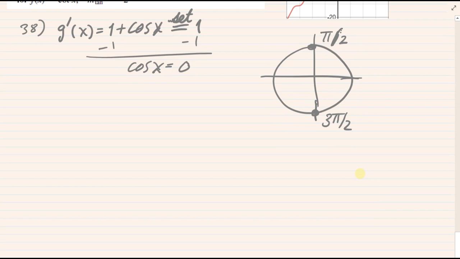The angle could be negative also, so we need to consider that as well. I'm looking at counterclockwise rotation here. So here's 1, 0, and then you go on forward. Here's another value of the angle where the derivative is 0, and then successive rotations around the circle are going to make cosine 0. So that's again taking it in a counterclockwise direction.